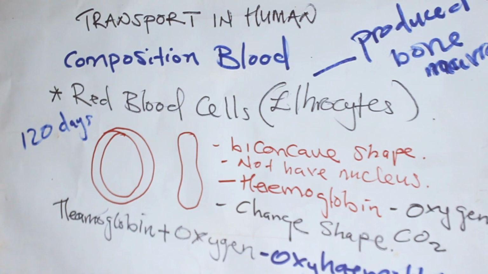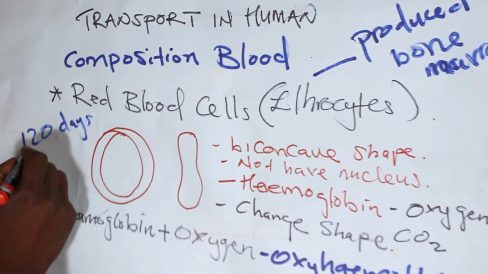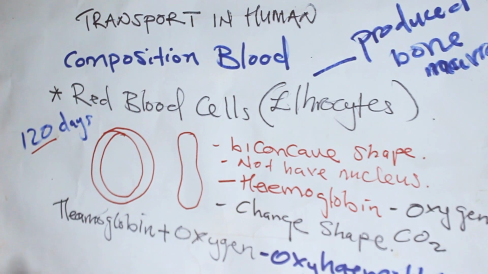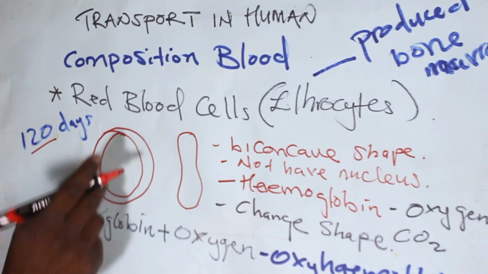Meaning after that they are destroyed in the spleen, the lymph nodes, bone marrow, and the liver. So when the red blood cells reach this period, they are then destroyed.